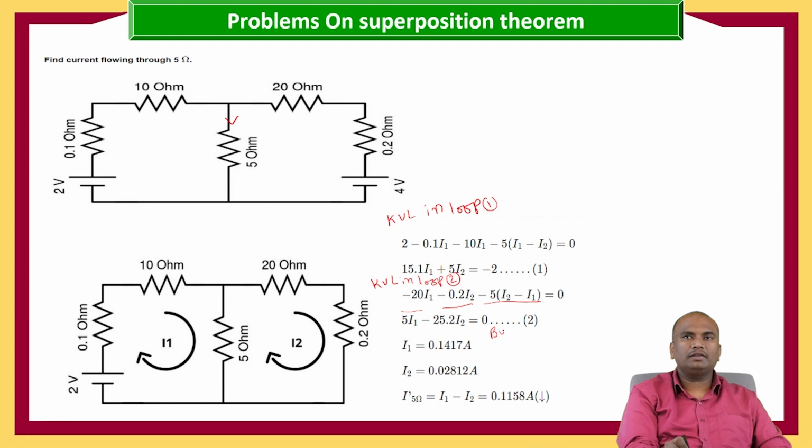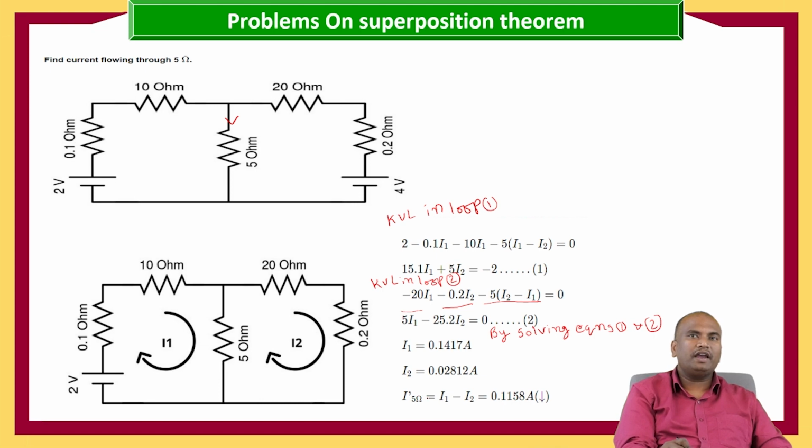By solving equations 1 and 2, we get the I1 value as 0.1417 amperes and the I2 value as 0.02812 amperes.